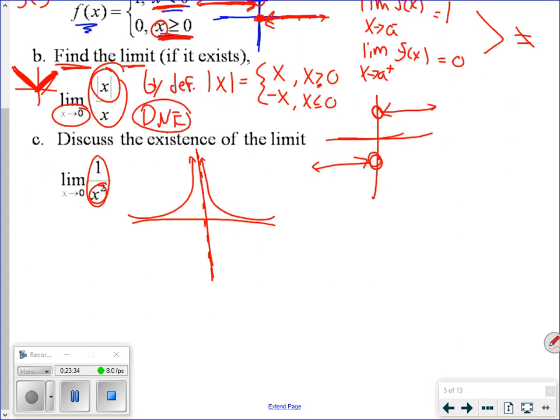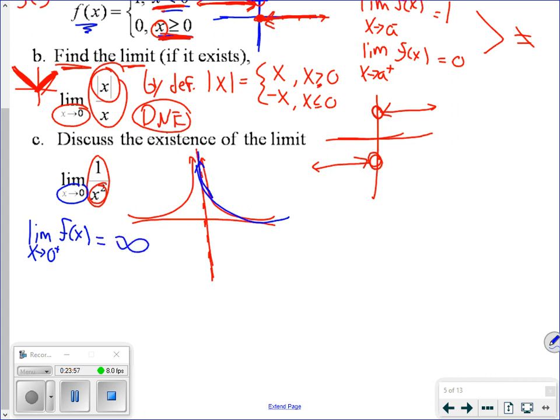So let's discuss how that works here. Let's discuss the general limit in terms of left and right limit. If I were to say the limit of f of x as x is approaching 0 from the right, as I'm coming in from the right side, what's happening? It goes to positive infinity.